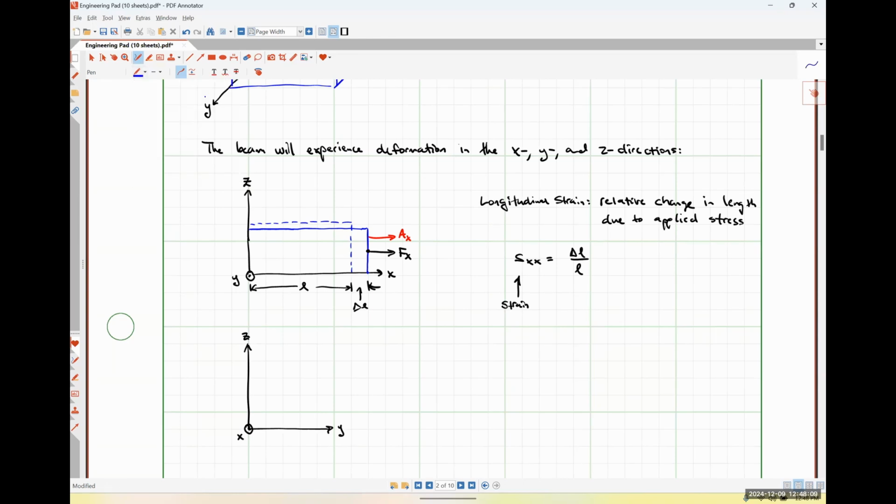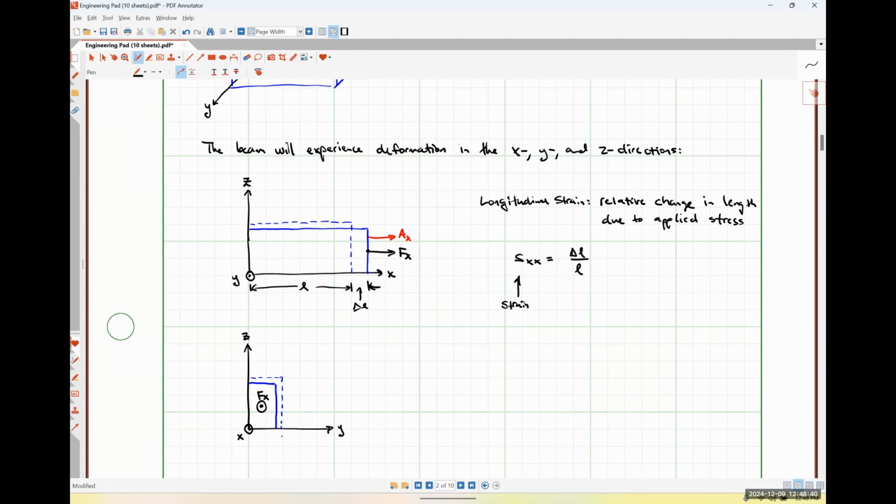Our original dimensions should have been something like this. And what we'll see is that our beam shrinks in both the z direction and the y direction due to our applied force in the x direction.